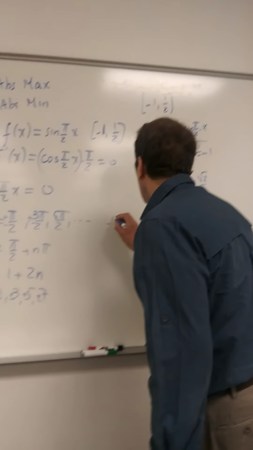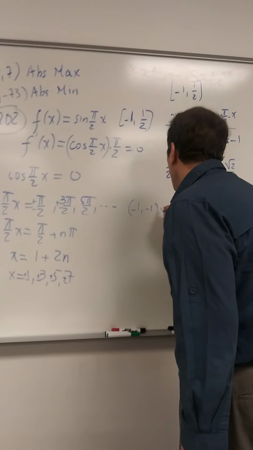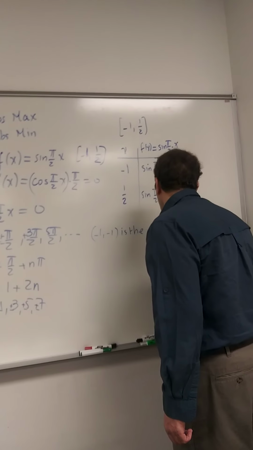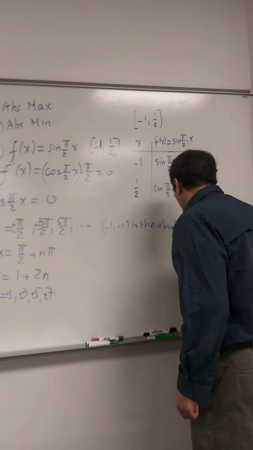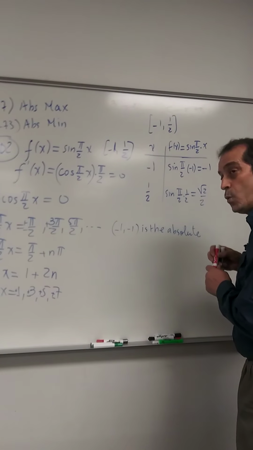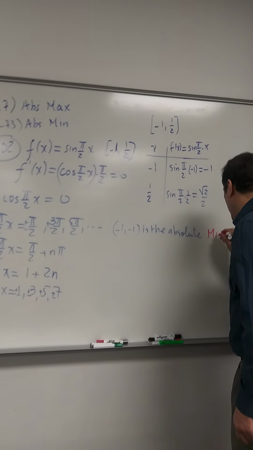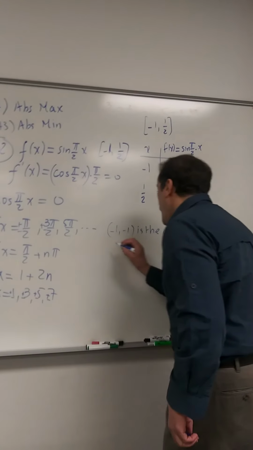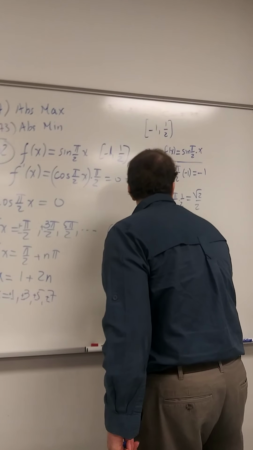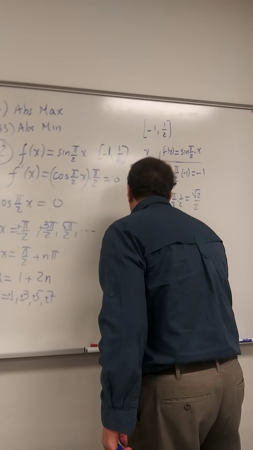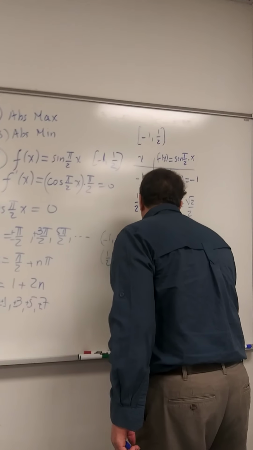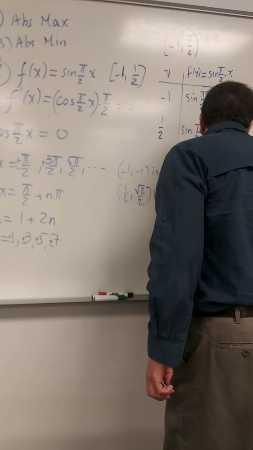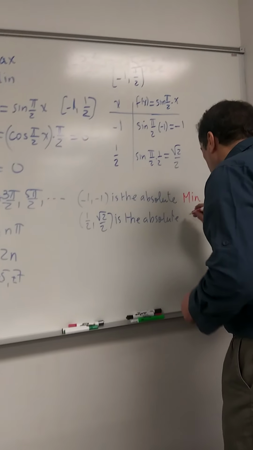So negative 1 is the absolute, I'll write it in red. It's the lowest number, so would that be a min or a max? Min. At a half, root 2 over 2 is the absolute, I'll write it in red again, max.